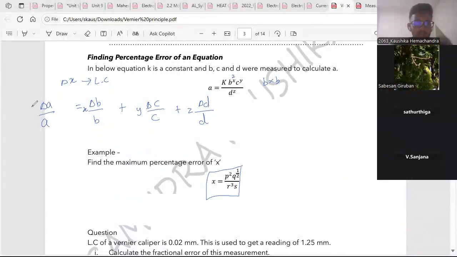So X is equal to P squared Q to the power half R cube over S. The answer is there, but just write it in your notebooks without looking at the answer.